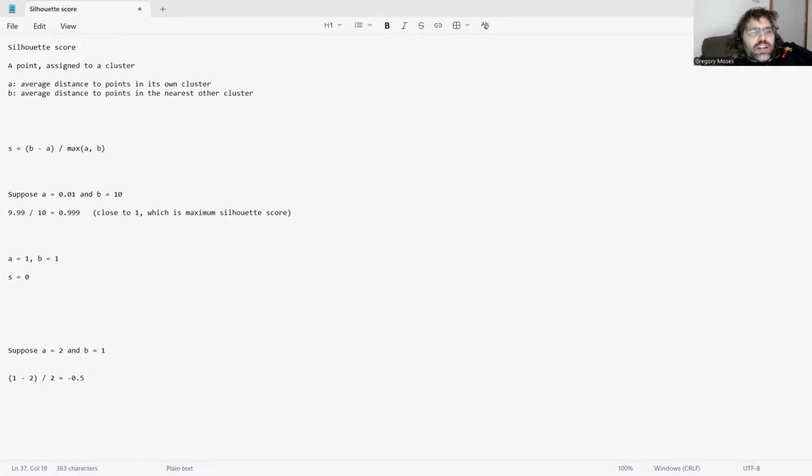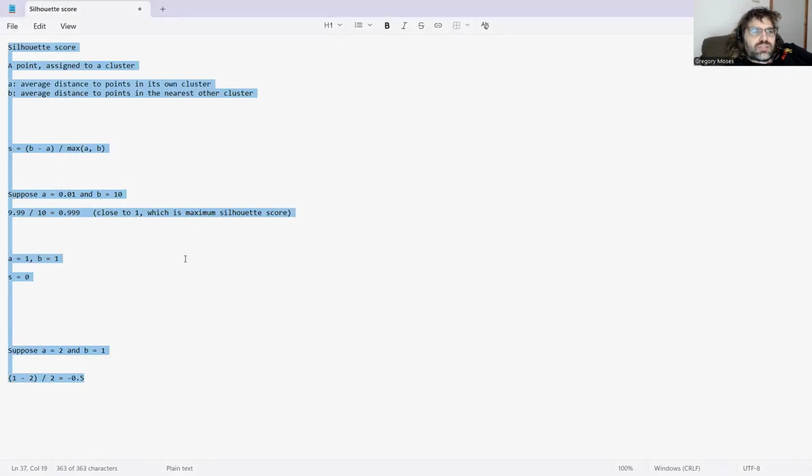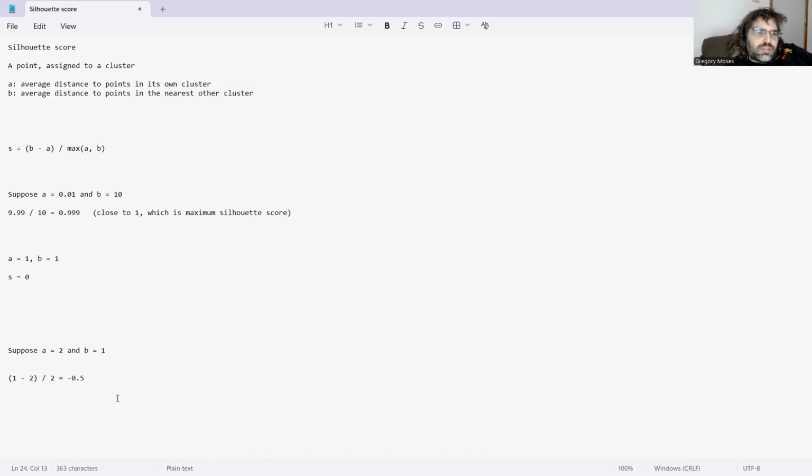So in general, extrapolating a little from this, 1 is good, 0 is ambiguous, negative suggests, I want to say, misclassification.